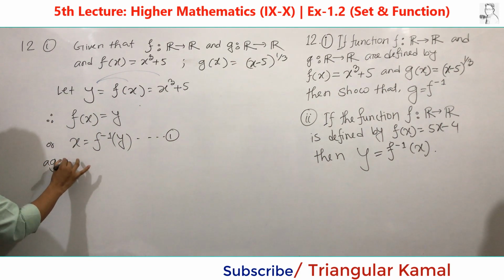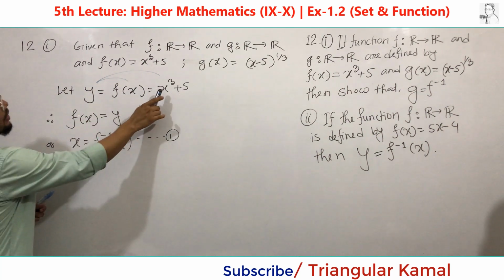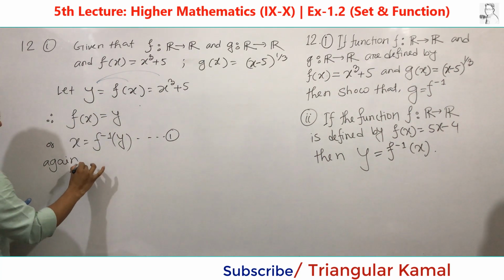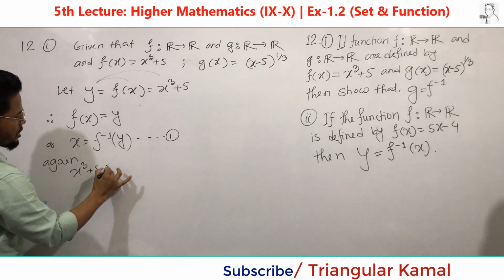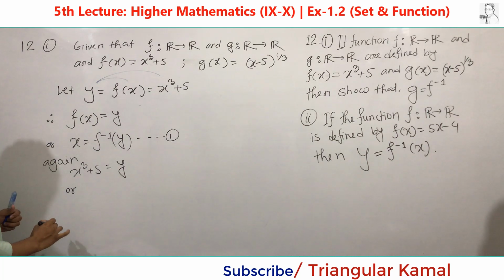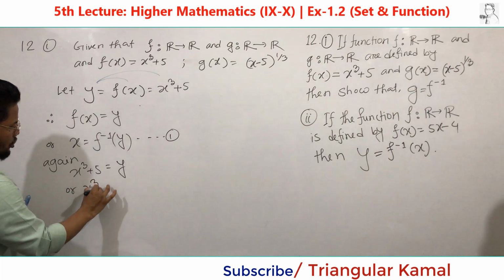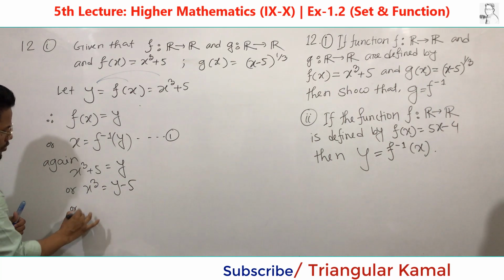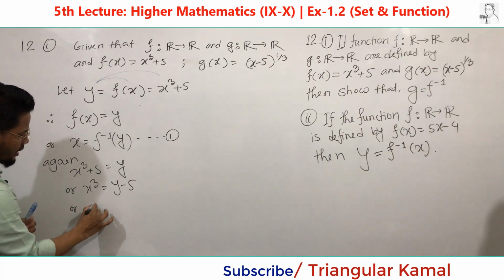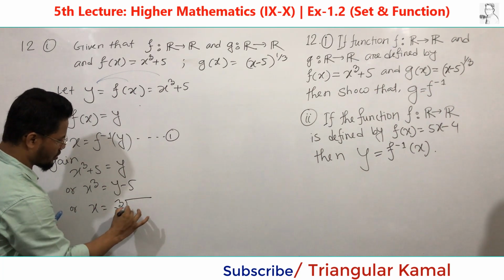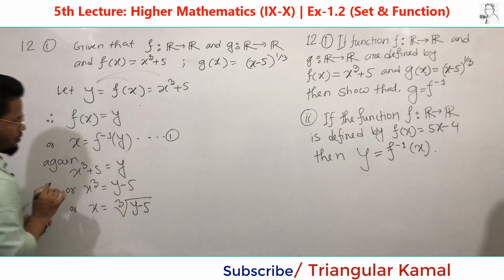Again, consider x cube plus 5 equal y. So we can write x cube equal y minus 5, or x will be y minus 5 to the power 1/3.